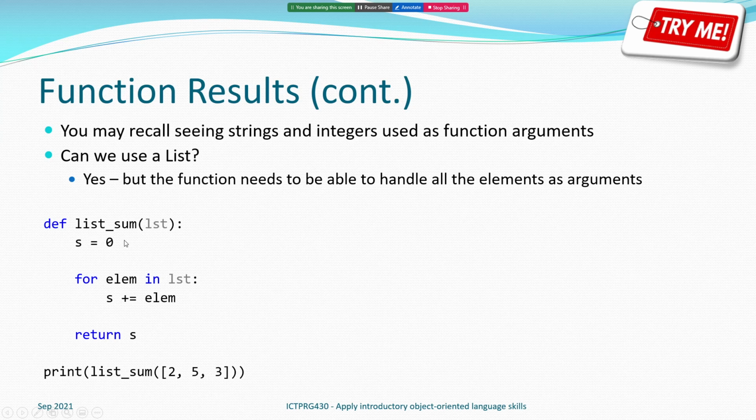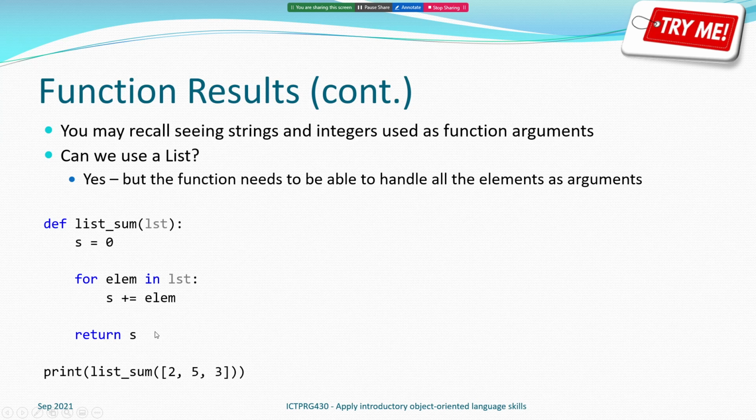Okay, so list the sum, and we're going to have a list parameter, and we're saying s equals 0 to start the variable. And what we're saying is for each element in the list, we're going to add it to s. And then so is S basically the index?